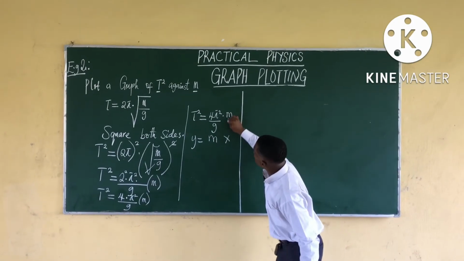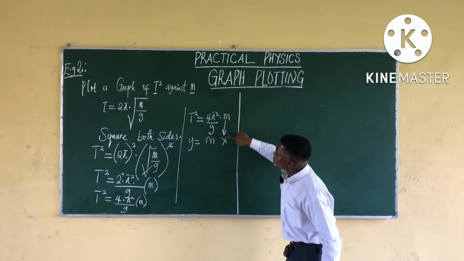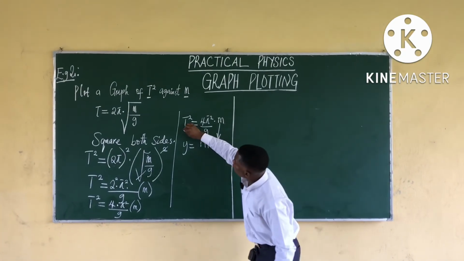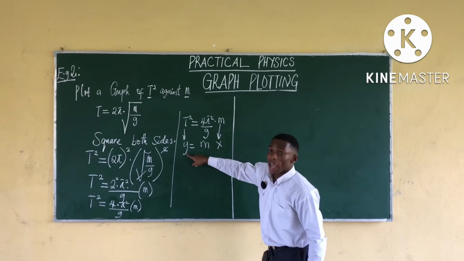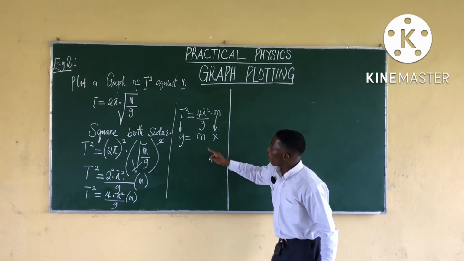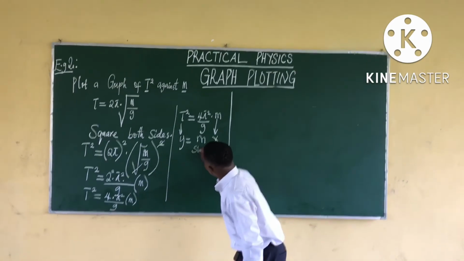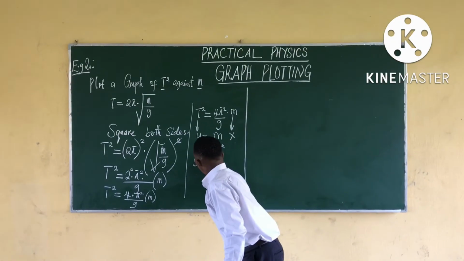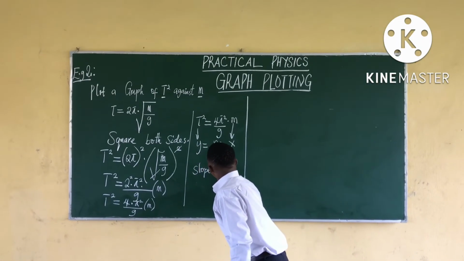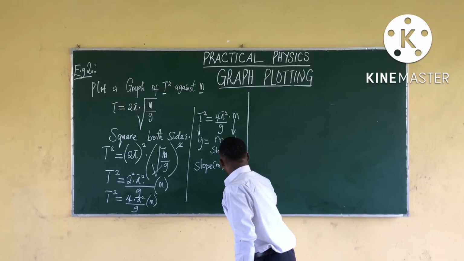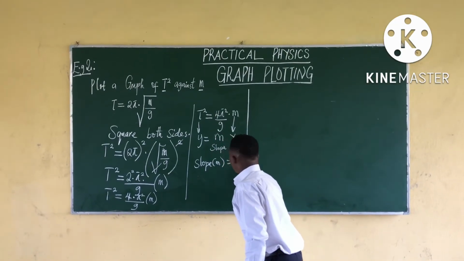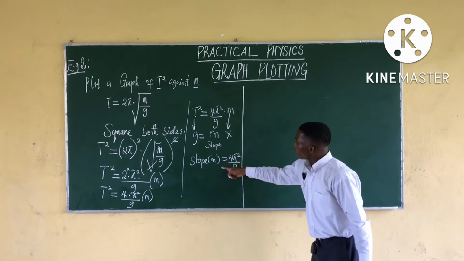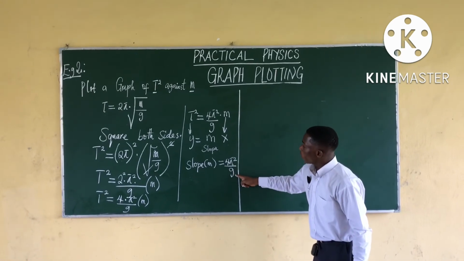It means you plot mass on the x-axis, you plot T squared on the y-axis, and the slope m is equal to 4 pi squared over g.